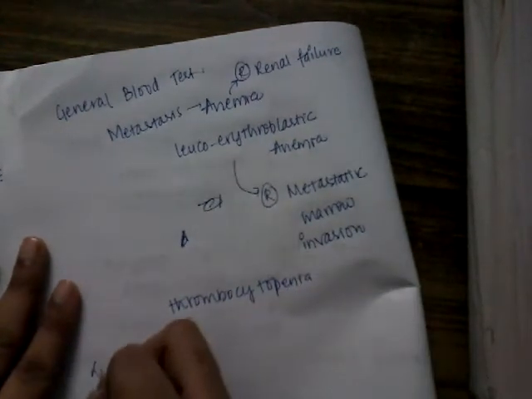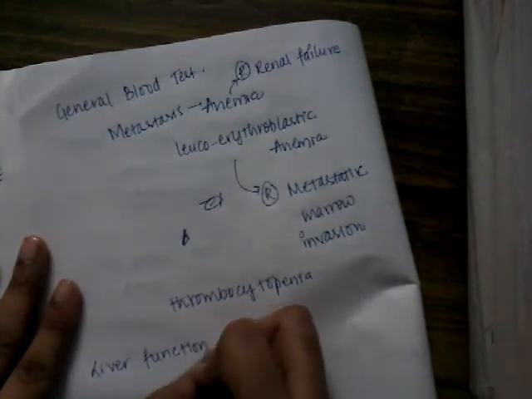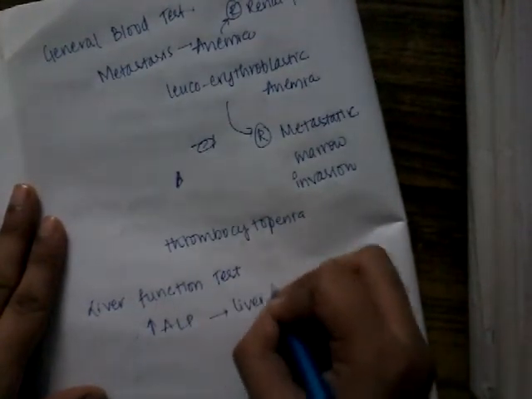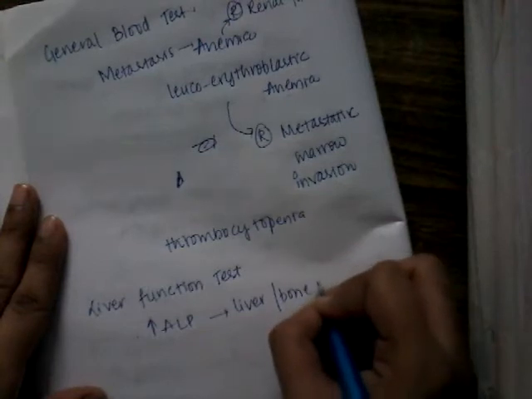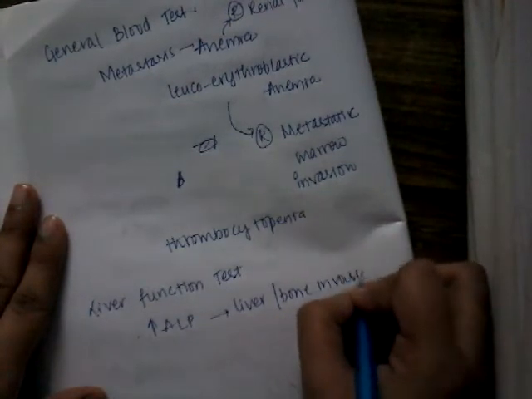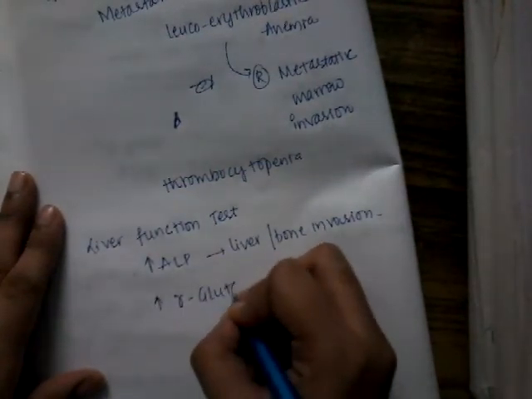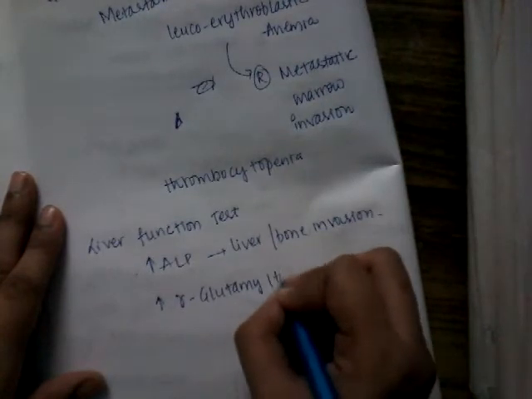And then you can do liver function tests for liver metastasis. There is increased ALP seen whether in liver or bone invasion. But how do you know whether it is liver or bone? In liver, there is increased gamma glutamyl transferase.